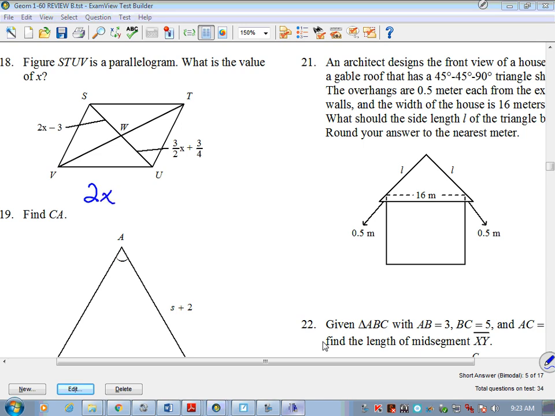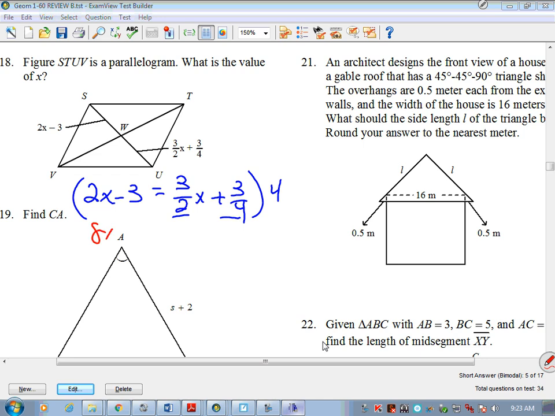So 2x minus 3 is equal to 3/2 x plus 3/4. My recommendation is to multiply all of this so that I get rid of these fractions. I would multiply by my largest denominator, which is 4, all the way across.